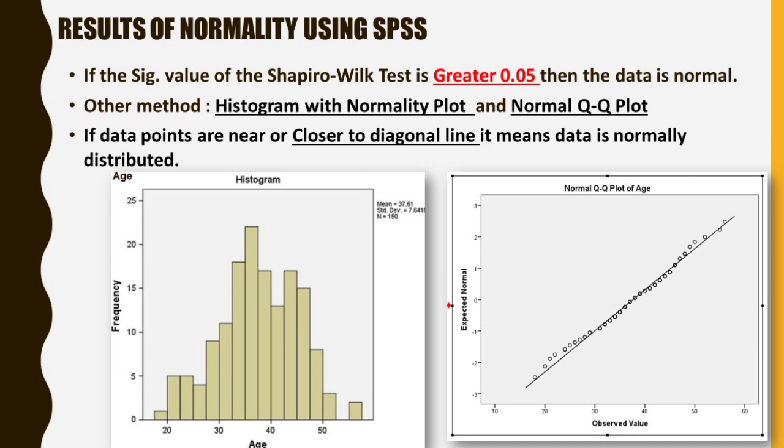So just remember that the p-value should be more than 0.05, either for Kolmogorov or for Shapiro-Wilk. Kolmogorov we are using if the sample size is more than 2000, and Shapiro-Wilk if the sample size is between 50 to 2000. Clear?